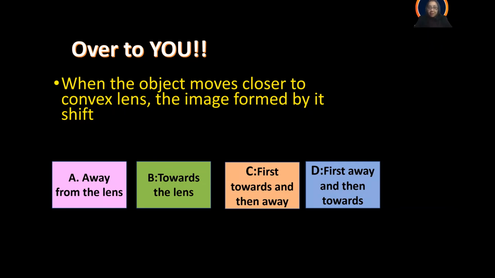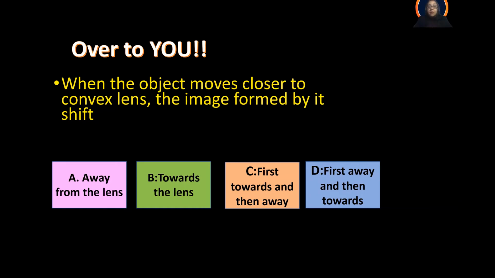When the object moves closer to the convex lens, the image formed by it shifts. Which is the correct answer? So when we shift the object, of course, the image is getting shifted. So which is the correct answer? Come on. I am 100% sure you are able to answer it correctly.